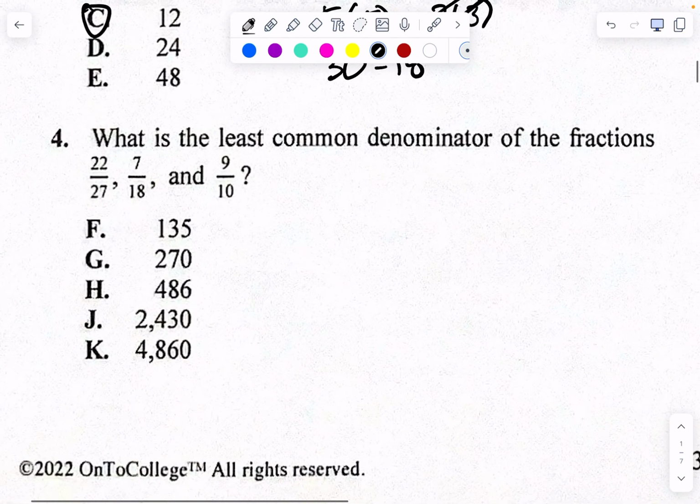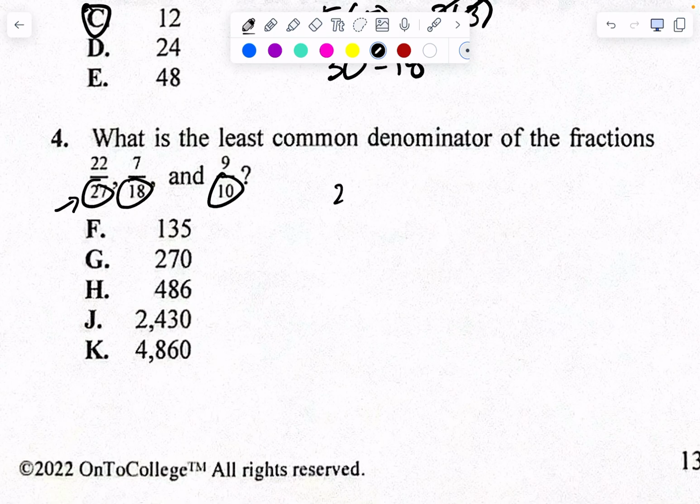All right, good. What is the least common denominator of the fractions 27, 18, and 10? How do you do this? Do you have a strategy for this? I start with the biggest number, and I go 27. I know 10 doesn't go into 27. Then I go up from there, 54, not divisible by 10.